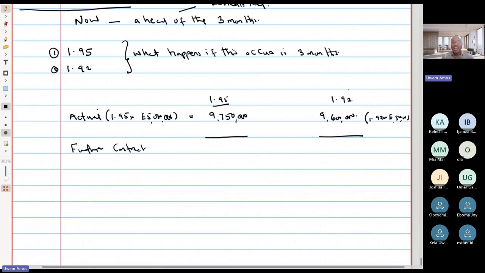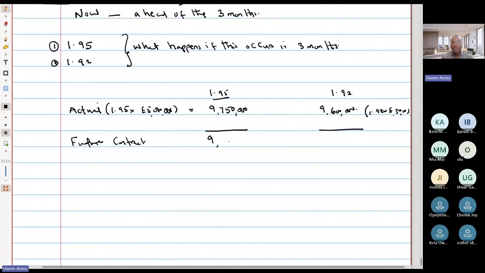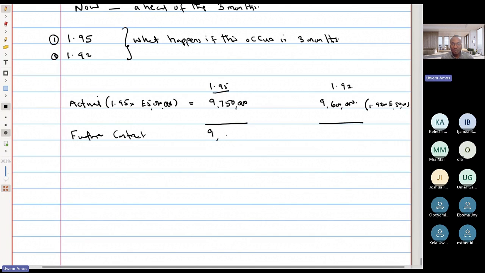So regardless of what the market price is in 3 months' time, we're going to spend 9,657,000, because that is our locking rate. We cannot go out of our locking rate.